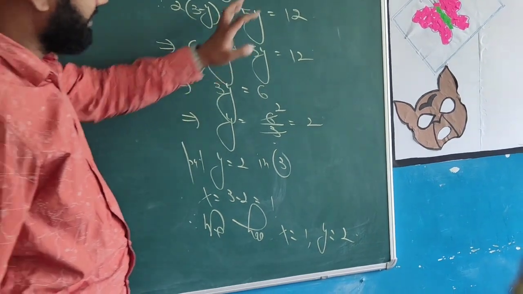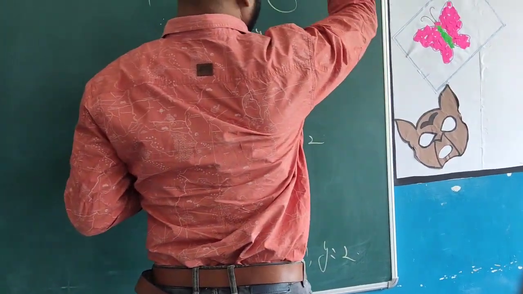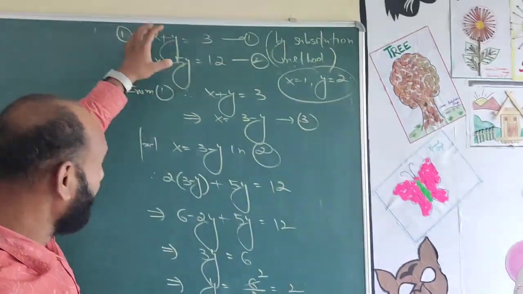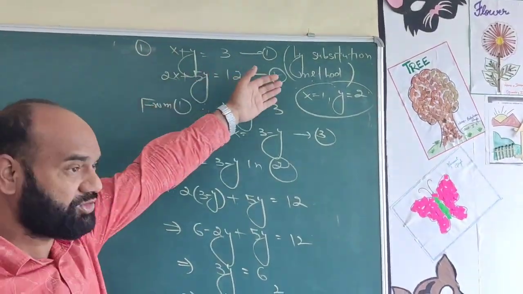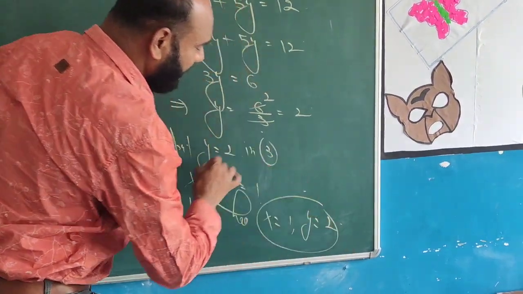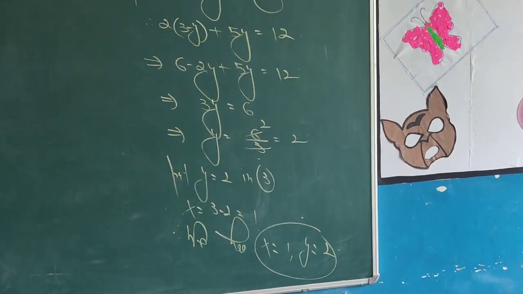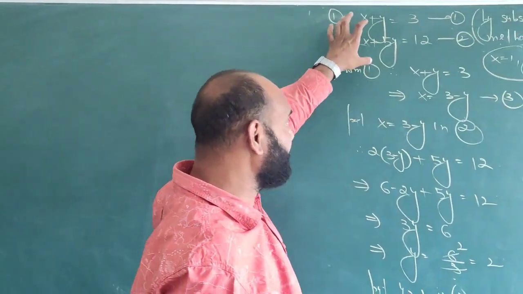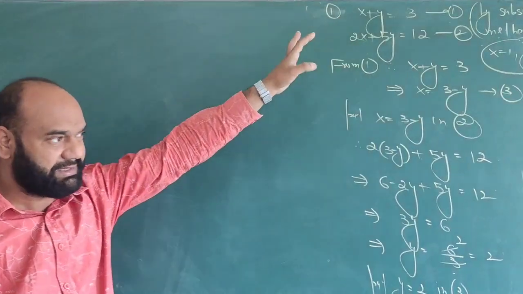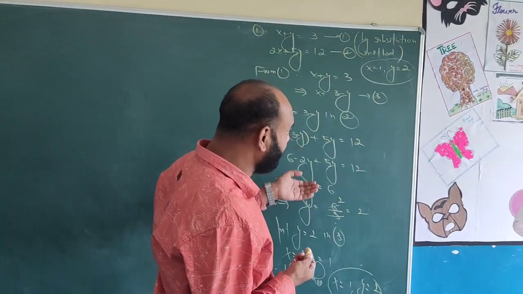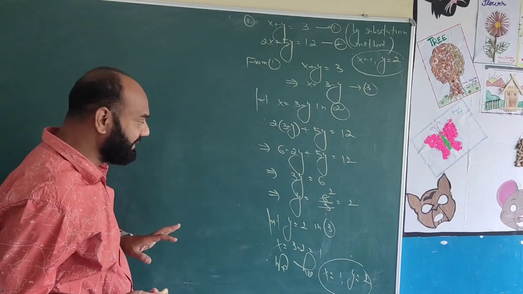When we solve this question graphically, we obtain the value of x is 1 and y equal to 2, and when we solve this example by the substitution method, we also get the value of x is 1 and y equal to 2. So we conclude that when we solve these two equations of two variables by the graphical method or by the substitution method, the answer will always be the same.